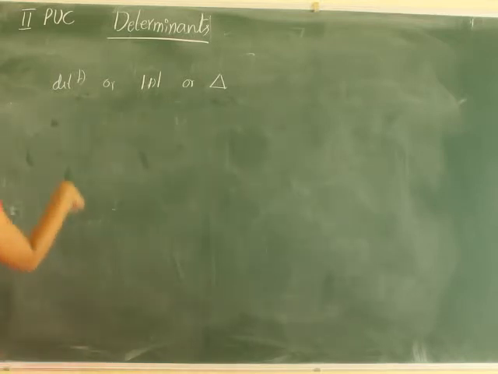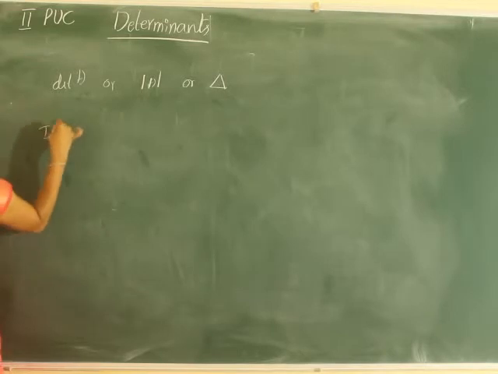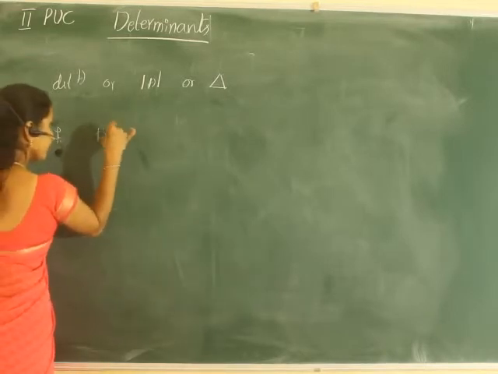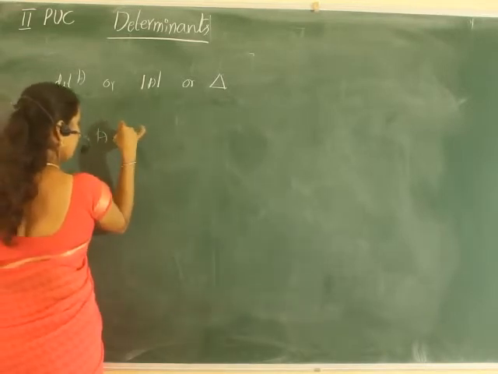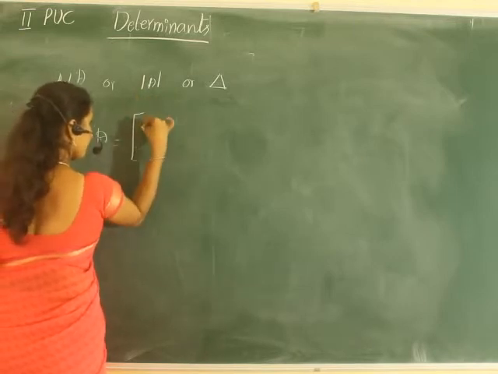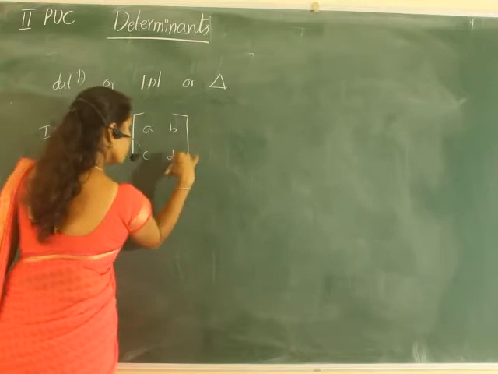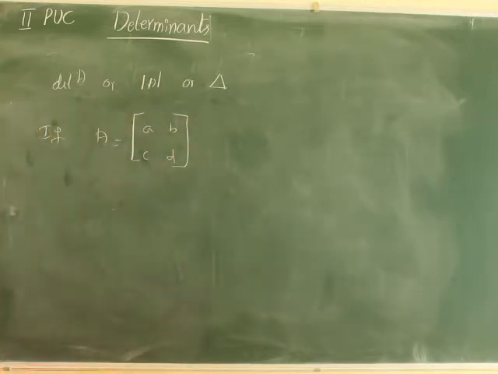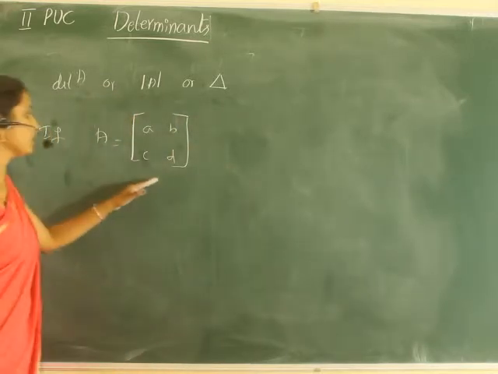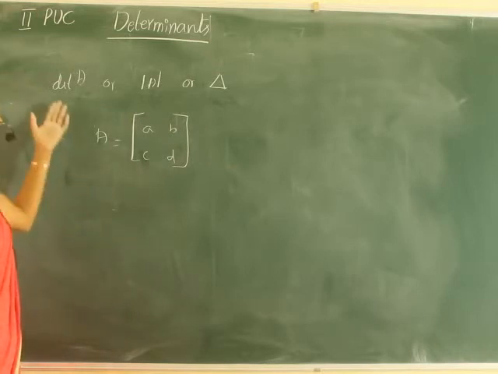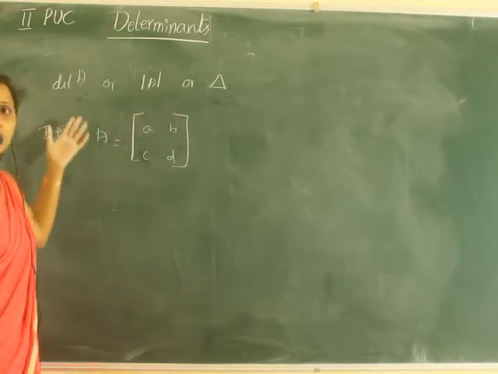If A is a matrix of any order, how do we denote the determinant of A? Symbolically I have told you.